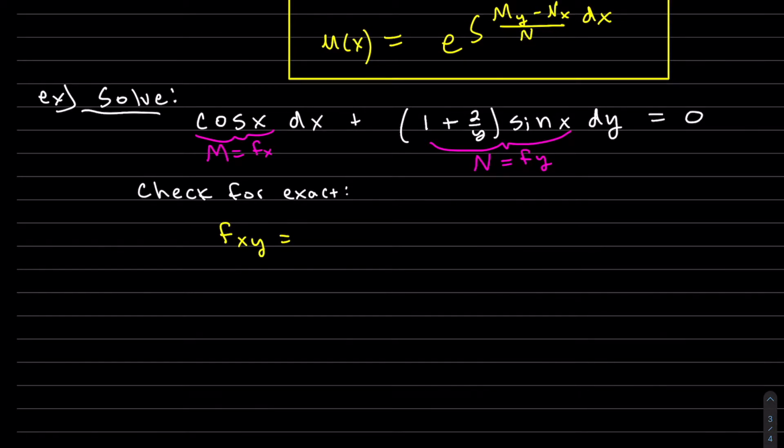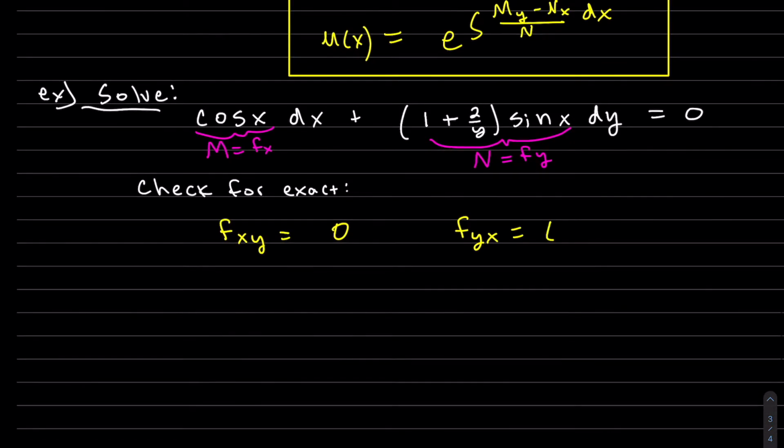In terms of y, it's 0. This f of y, we will take the partial of x. So this is a constant if we're taking it in terms of x. So the derivative of sine of x is cosine of x with that constant in the front. So these are not exact.